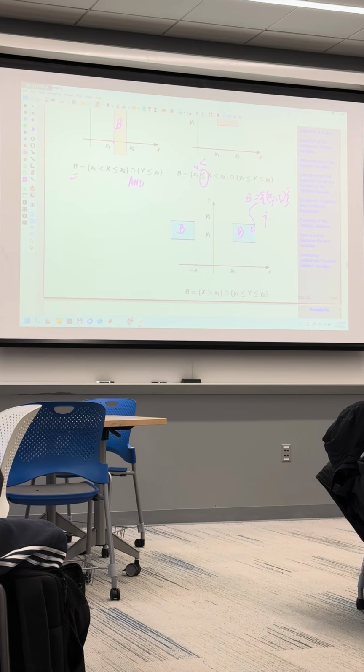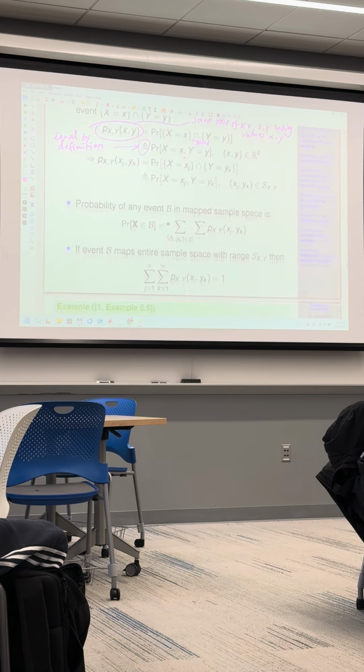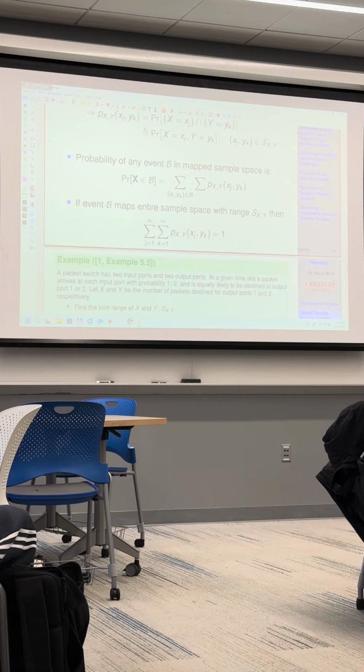So j equals 1 to dotted dotted, and k equals 1 to dotted dotted. So if you have a bunch of points, the point here is: how to compute the probability? If you know the joint PMF, you can compute the probability as such. So that's how you write it.